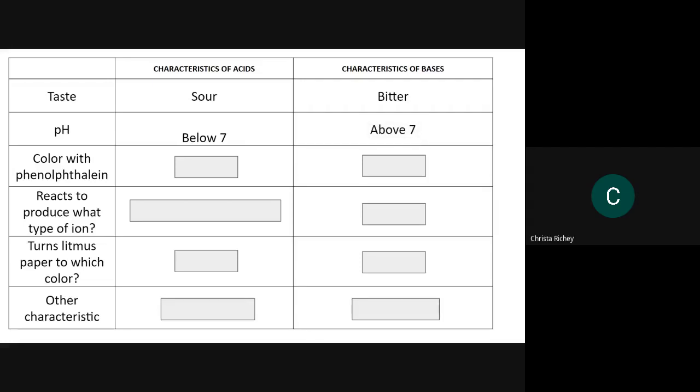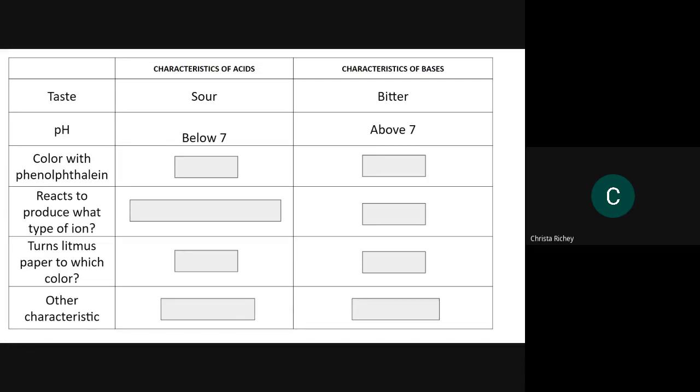I didn't teach it this way because this is more of an IPC kidsy way to do it. 7 is safe. Unless it's poisonous, it's okay to drink things like water that are neutral. But the further you go away towards 1 and 14, or really 0 and 14, the more dangerous it becomes. And bases are just as dangerous as acids.